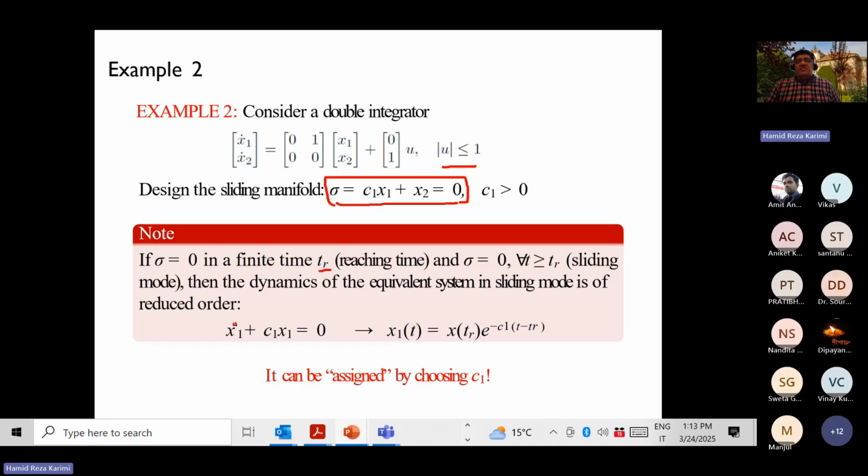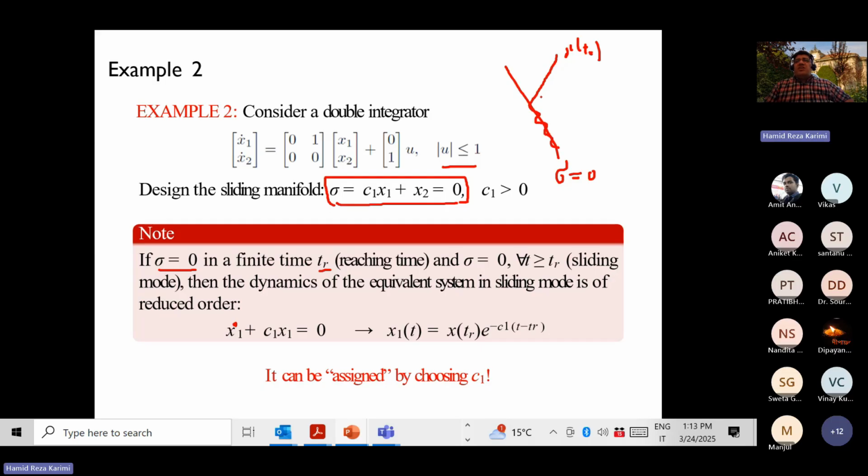Now this says that if sigma is not zero, the system has a finite reaching time TR to the manifold sigma equals zero. And when it reaches this manifold, after t bigger than TR, the system has a sliding motion, a sliding mode. For example, if this is your sigma equals zero, the state trajectory starts from x at time zero. When it arrives at this surface, it starts to have some motion like this.